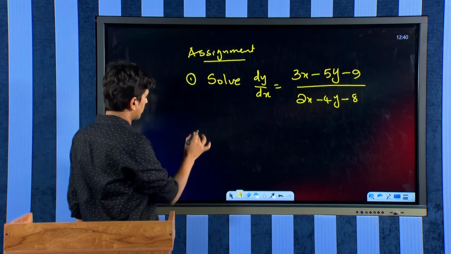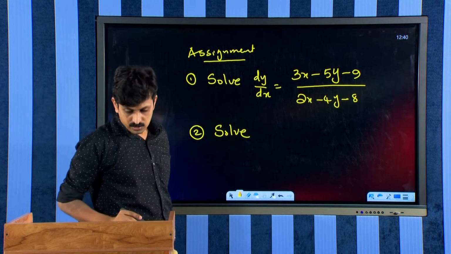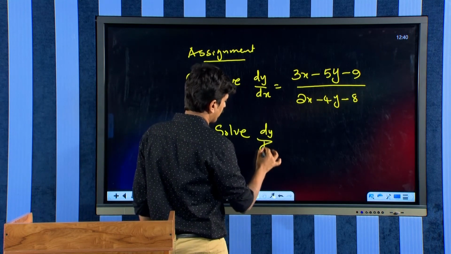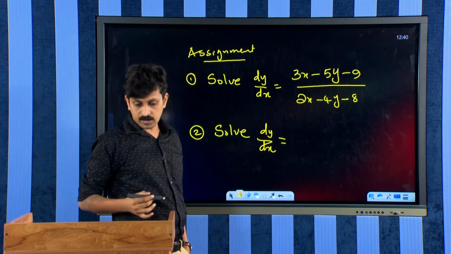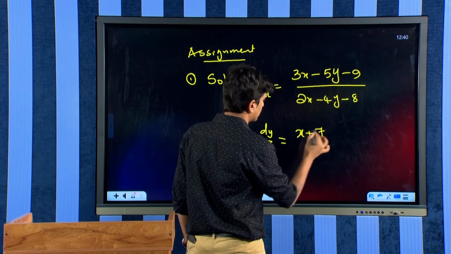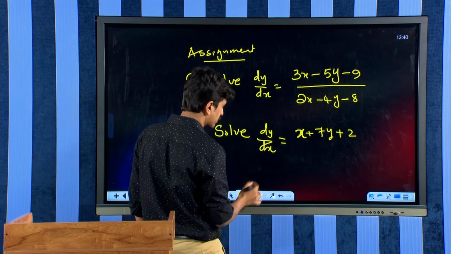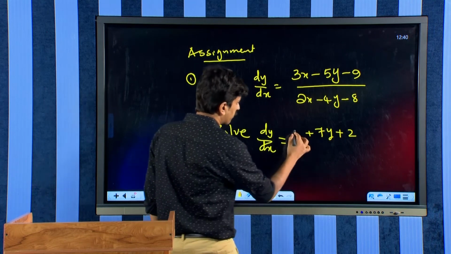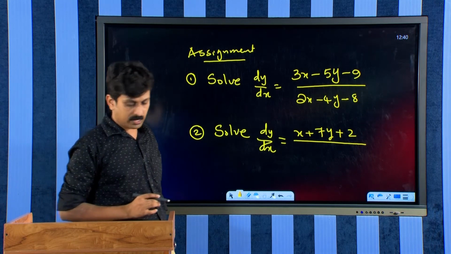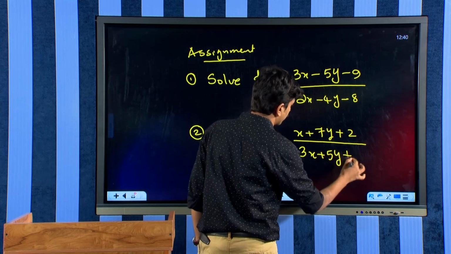Okay, write down another question. Solve dy by dx is equal to (x plus 7y plus 2) divided by (3x plus 5y plus 6).